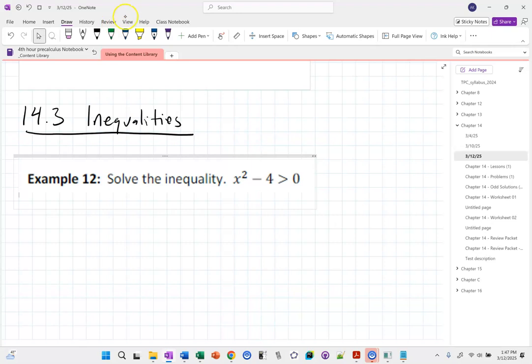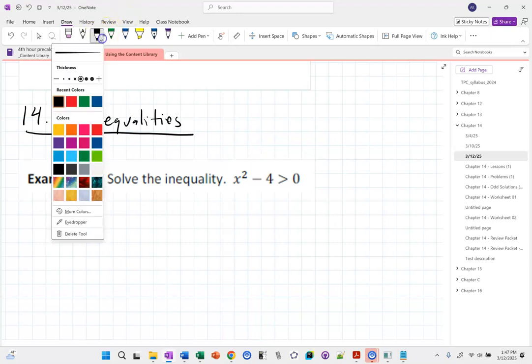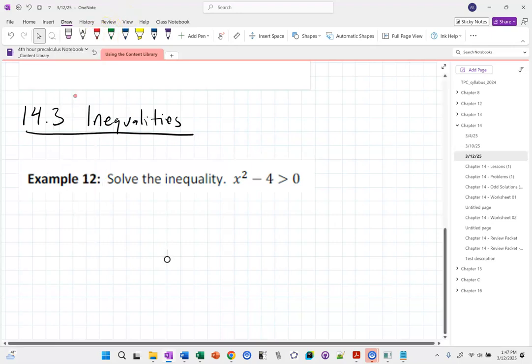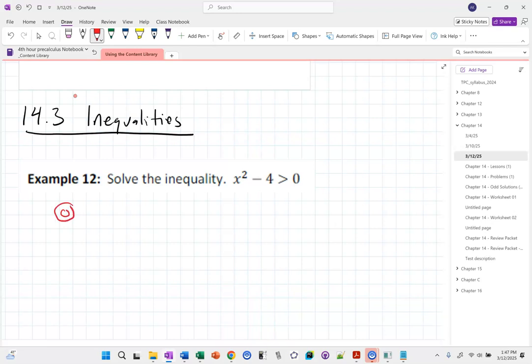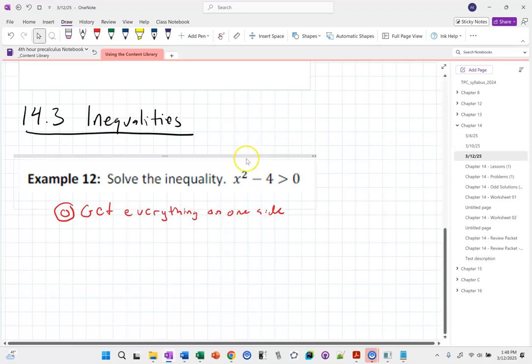Our plan for how to do this will be outlined as follows. I'm going to call there a step 0, which is just get everything onto one side. I call that step 0 because for the most part, when you have an inequality to solve, it's usually already got 0 on one side, and there's nothing really to do for that first step.